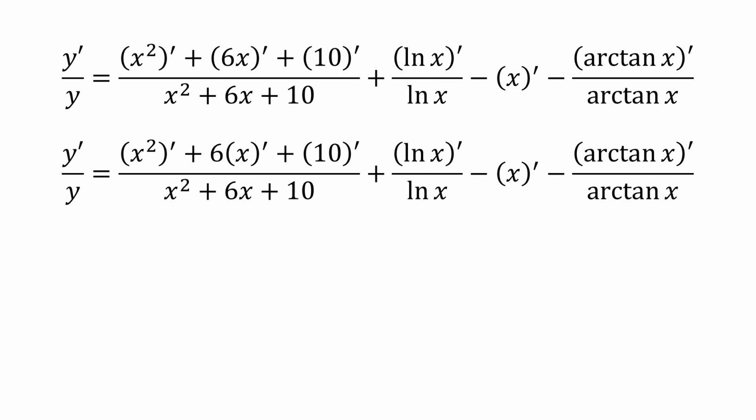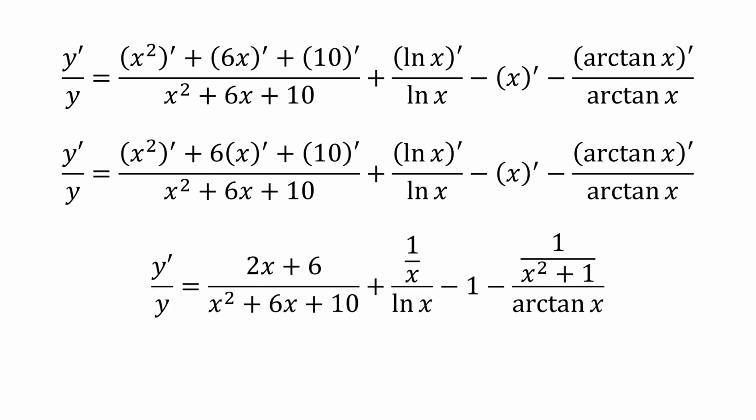This gives us y prime over y equals (2x plus 6) all over (x squared plus 6x plus 10) plus 1 over x all over ln of x minus 1 minus 1 over (x squared plus 1) all over arctangent of x.